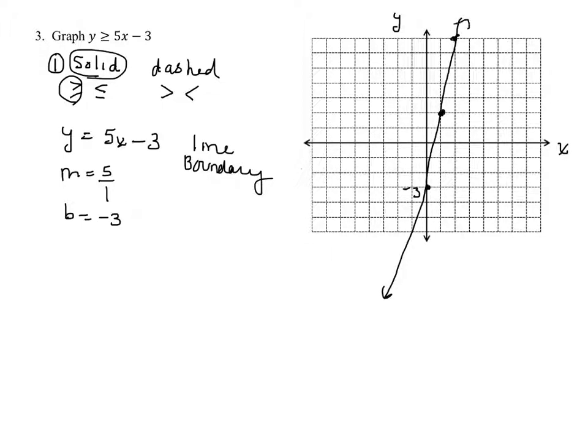Not drawn super great. Step 2, pick a point not on the line. Well, (0, 0) again is not on the line, so we might as well pick that. And you place it into the original inequality. Put in 0 for x, 0 for y.